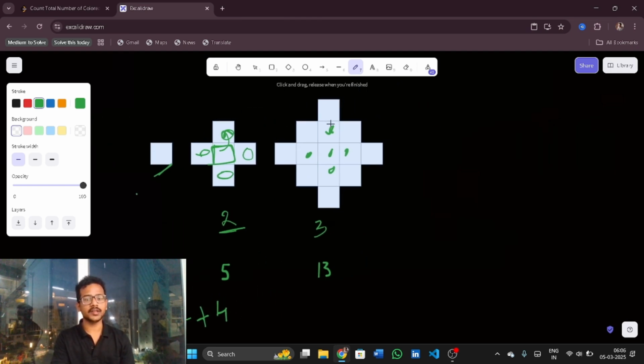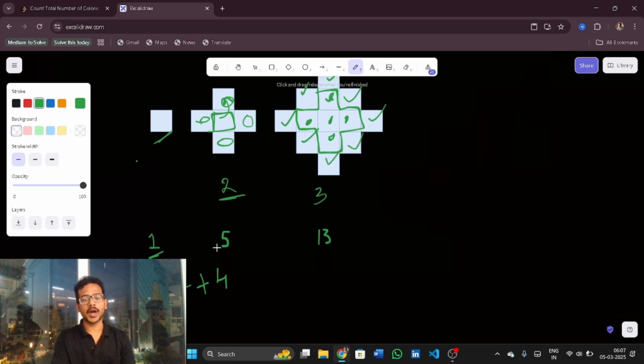This is the previous grid which is colored. Now at minute 3 we have added 1, 2, 3, 4, 5, 6, 7 and then 8. So totally 5 plus 8 cells have been added.